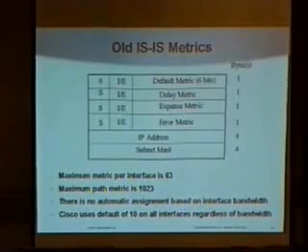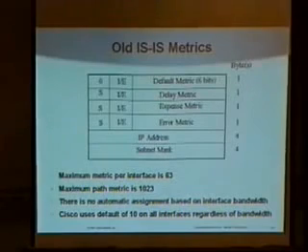Just like OSPF, we calculate our routing information by the total of the metrics on all outgoing interfaces between the source and destination, right? And so 1023 is the maximum we can have, right?